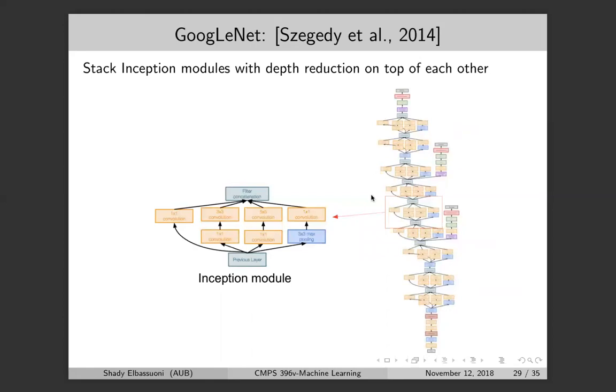So this is how the overall network looks. It's a very complex network. You can see you have some regular layers, and then you have these inception modules stacked on top of each other, and then you have fully connected layers at the end, similar to any one of the CNNs we looked at.